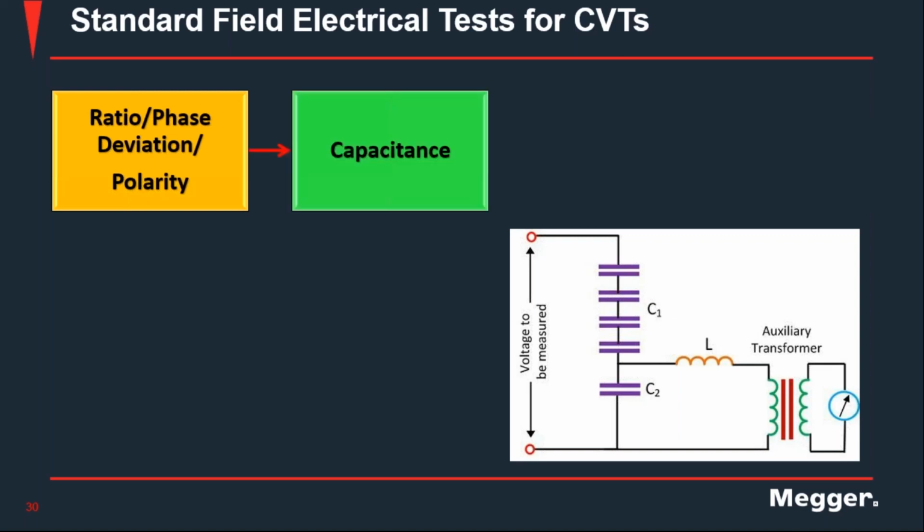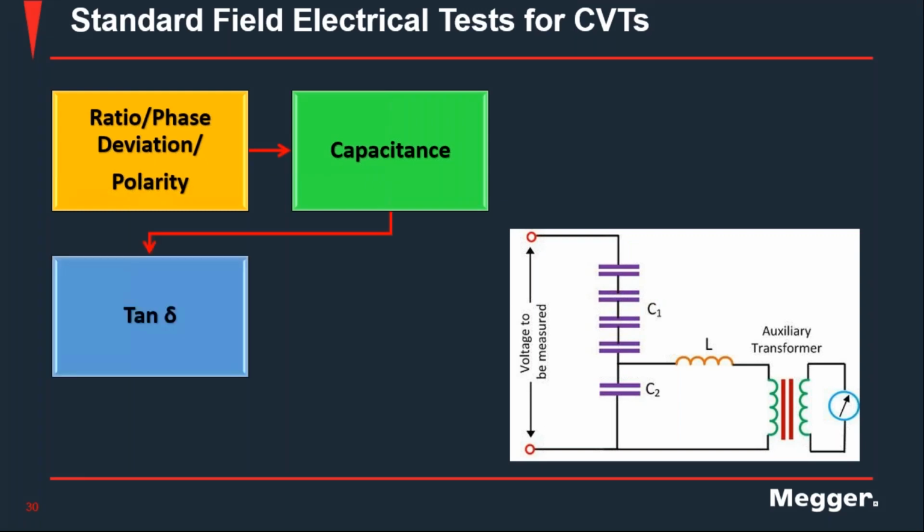Other than that, you also need to measure the capacitance. You need to determine the condition of each of these capacitors and the overall capacitance, and of course the power factor on this capacitive section. And this can be tricky.